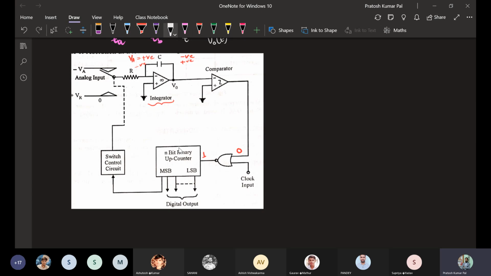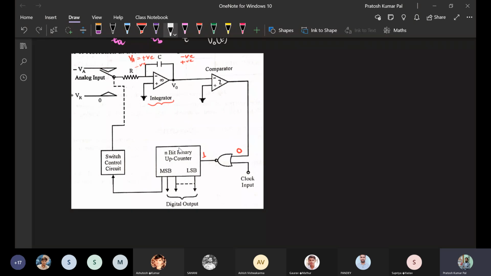To start the conversion here, the control circuitry will first reset the counter. The starting point of the conversion is resetting this counter.